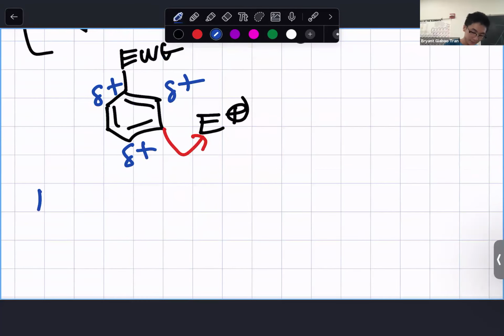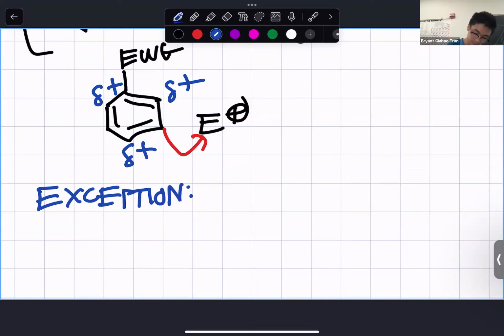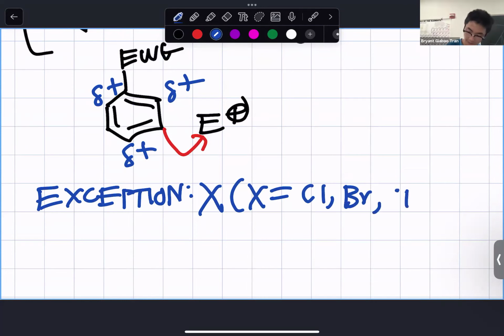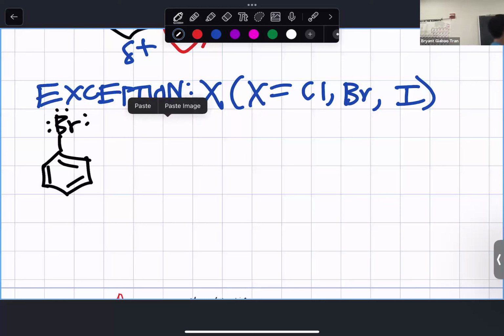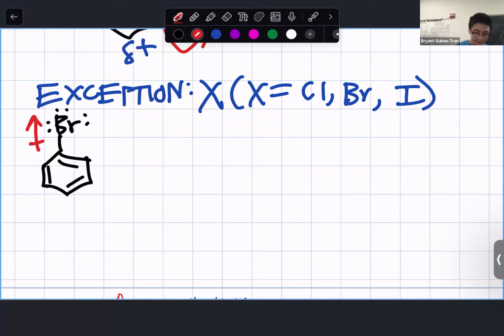So here's the exception, halogens. X, where X could be chlorine, bromine, iodine. Okay, because if we have, let's say, bromine here, that bromine has 3 lone pairs of electrons, but it is really electronegative, right? That right there makes it an EWG.